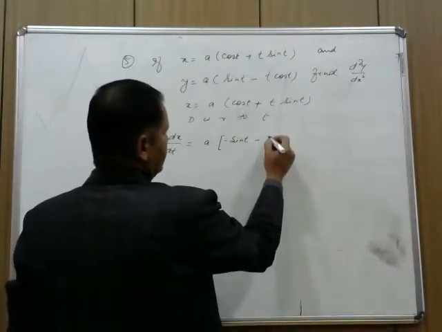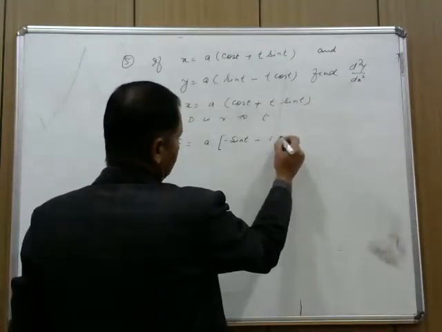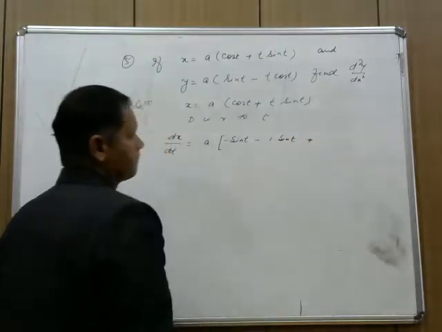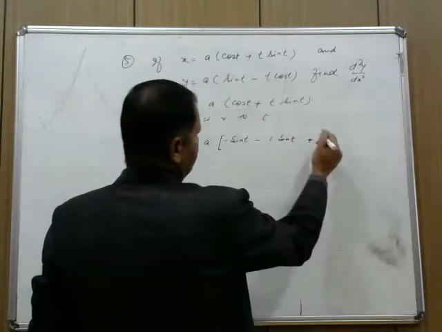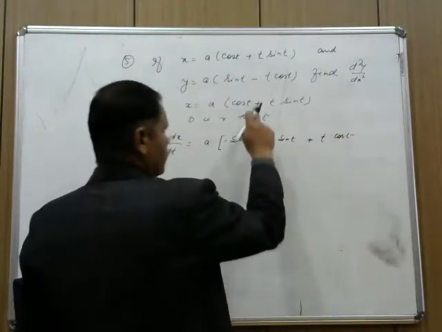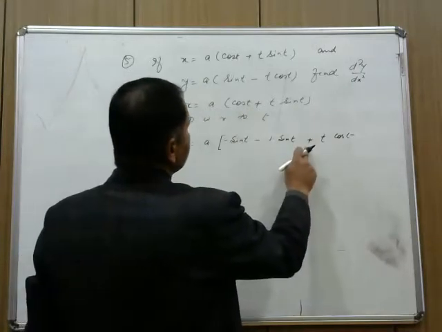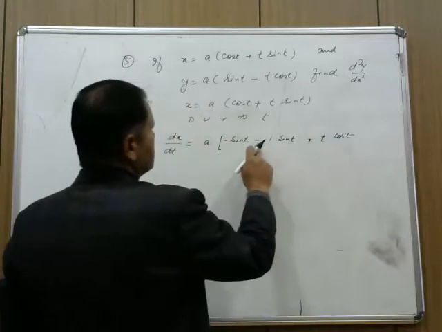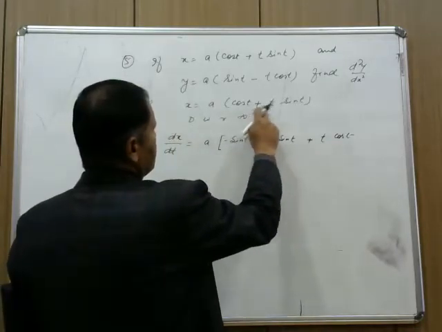Differentiation of t sin t is 1 into sin t plus t into cos t, and due to the minus sign in front you will have a(sin t plus sin t...) cos t plus t sin t.